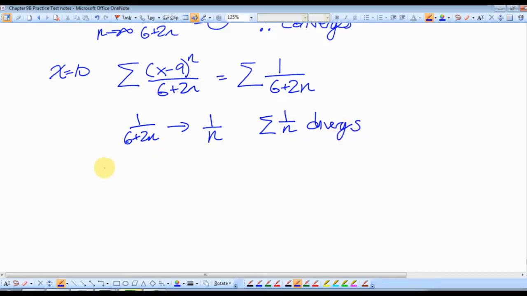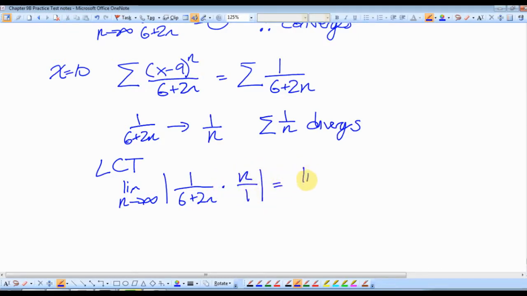So we're going to compare using the limit comparison test, LCT, the limit as n approaches infinity of 1 over 6 plus 2n divided by 1 over n.